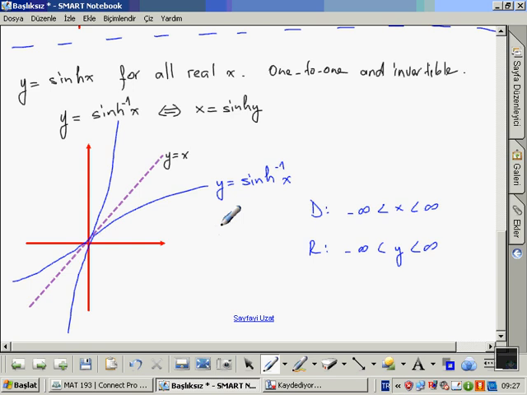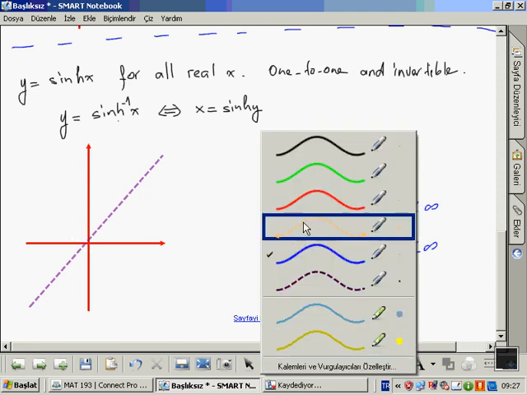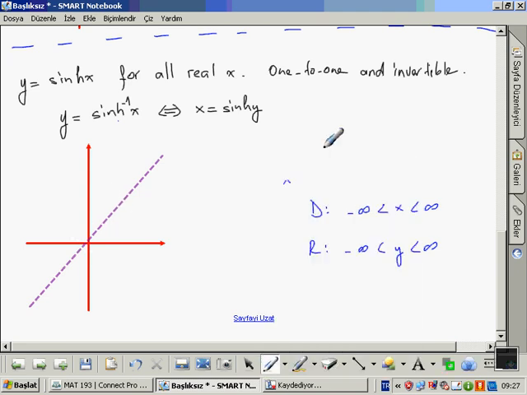Oops, I'm sorry, I want to sketch this part again, there is some mistake here. Look at me, firstly I want to sketch sine hx, and after that I will sketch the other part, which is the inverse.